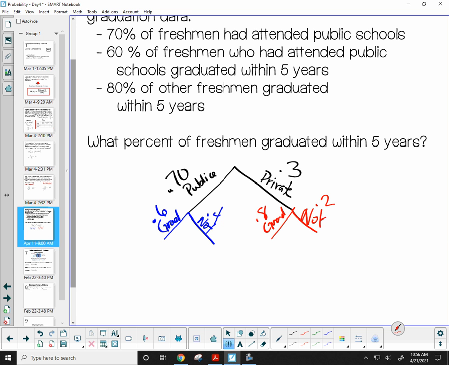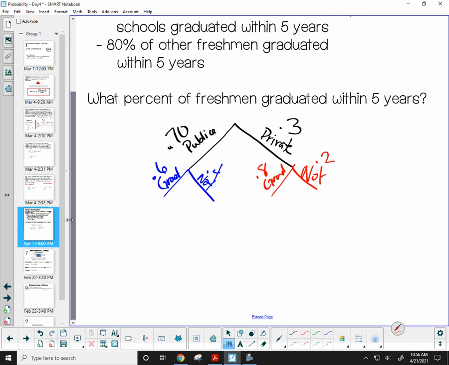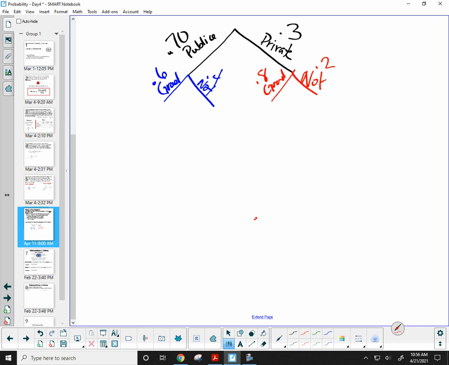So we have went public and graduated. Public and graduated would be 0.7 times 0.6. This is a multiplication problem. Is that okay? So then what about private and graduated?